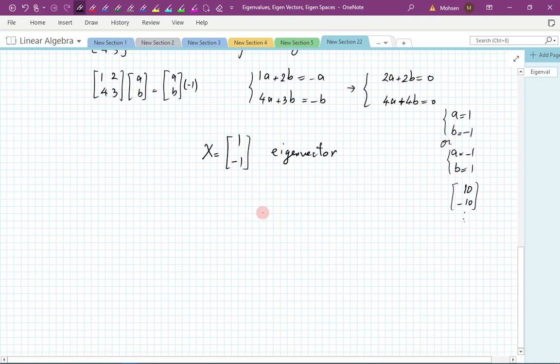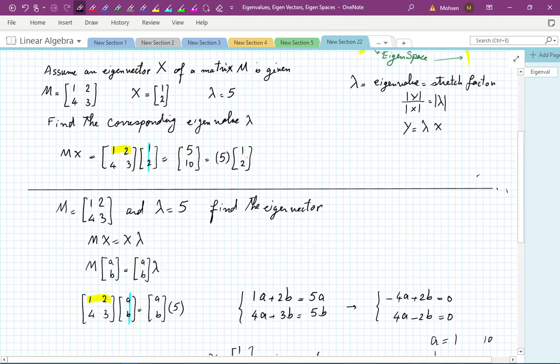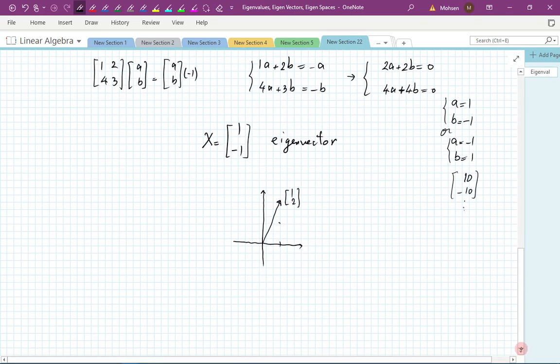In most exercises you are going to be asked to draw just what we drew here. The first one we had was 1, 2, so you just draw 1 and 2. In the other one, 1, -1, so this is just as good.